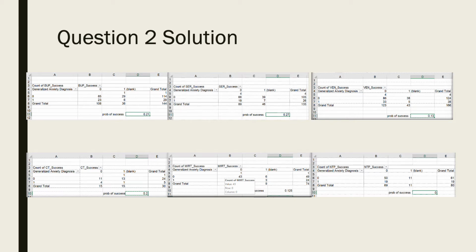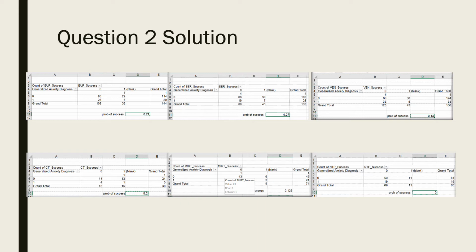For example, we have 29 people that were diagnosed with depression, and there were 29 people that received the BUP drug, and from that we got 6 patients that received some sort of benefit from this medication. So what you do is you take the 6 divided by 29, and that's where you get the probability of success of 21.